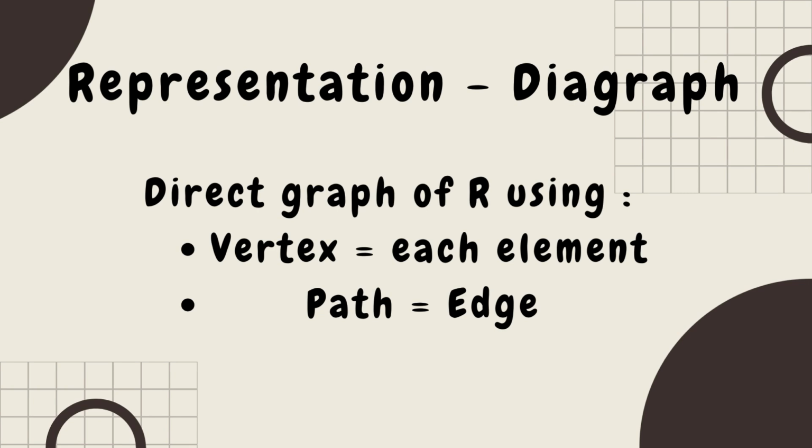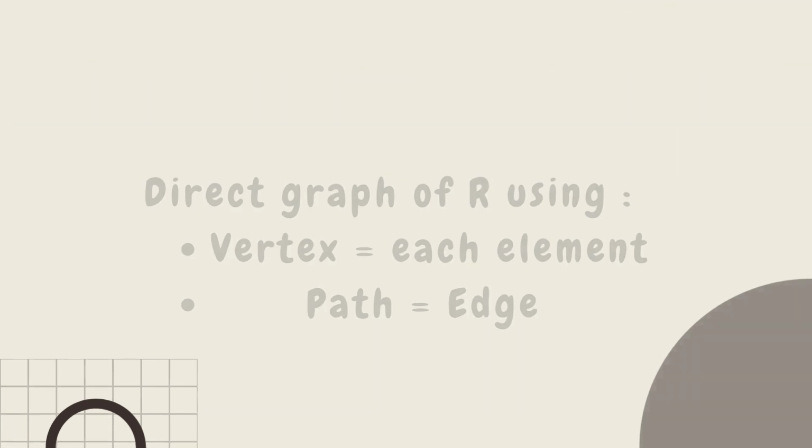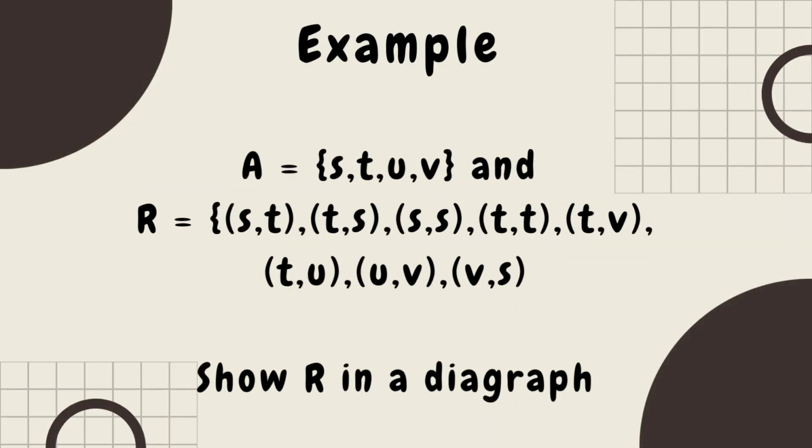Digraph is a directed graph of R using vertices that represent each element and paths that represent edges. For example, set A is {S, T, U, V}, and set R is {(S,T), (T,S), (S,S), (T,T), (T,V), (T,U), (U,V), (V,S)}.